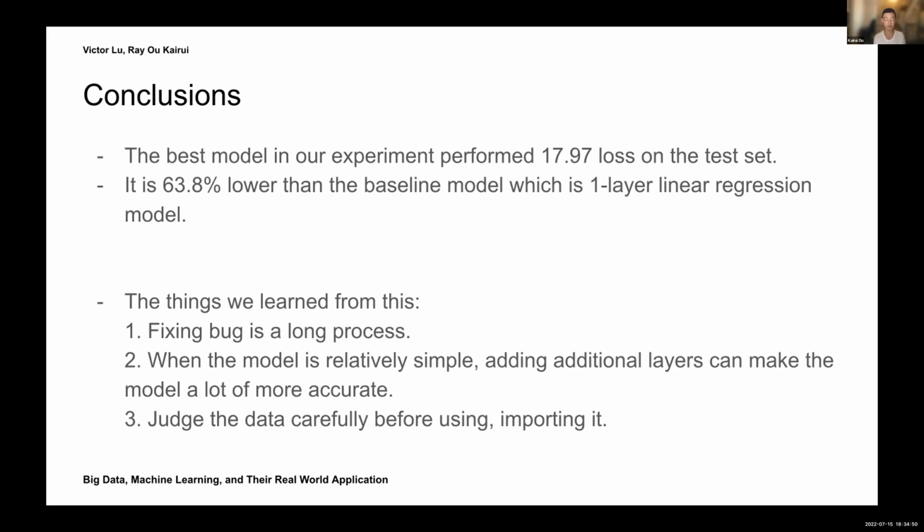Lastly, the most important one for us is to adjust the data carefully before importing it. This is not the first dataset that we tried to use, and the first dataset that we found had a little bit of error in its attributes, which made our code produce errors forever.